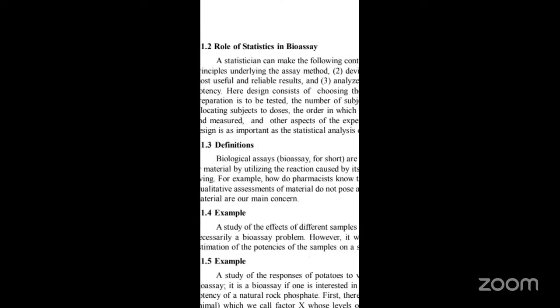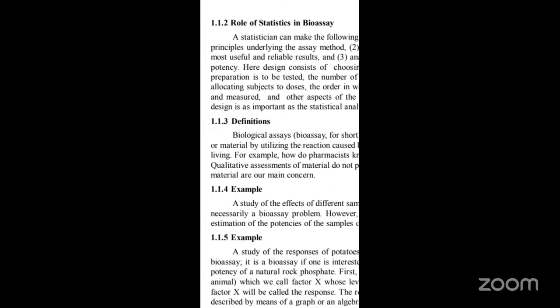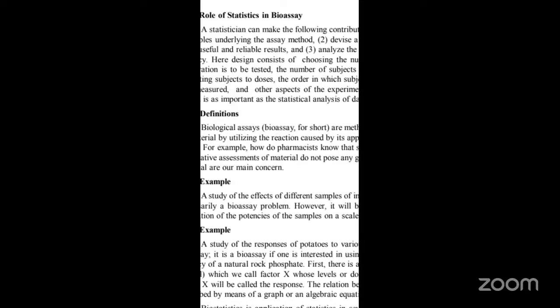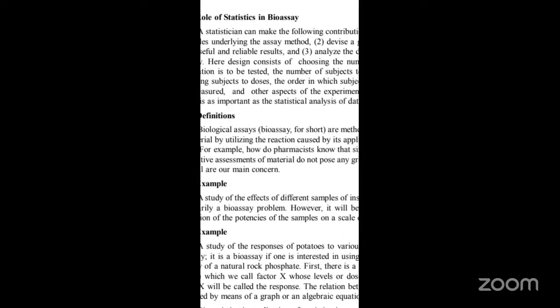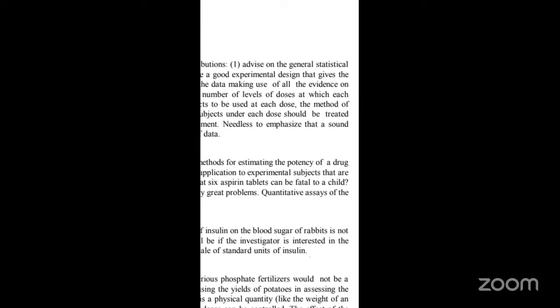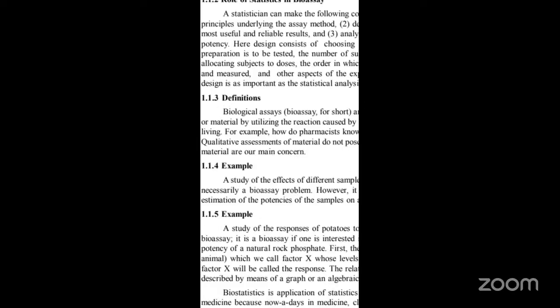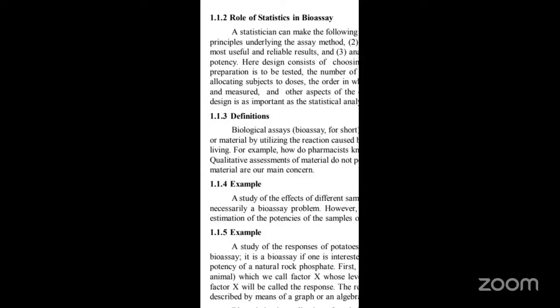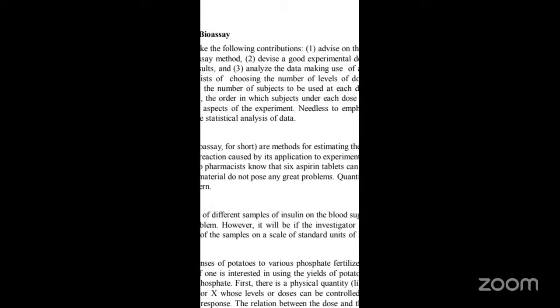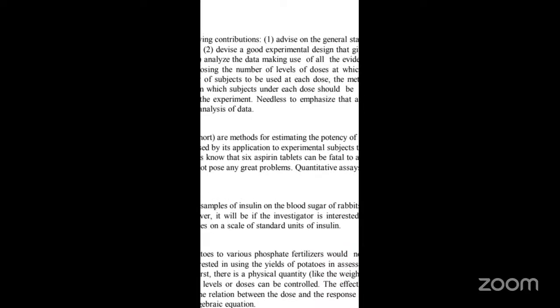A statistician can make the following contributions: advise on general statistical principles underlying the method, devise a good experimental design that gives the most useful and reliable results, and analyze the data, making use of all the evidence on potency.